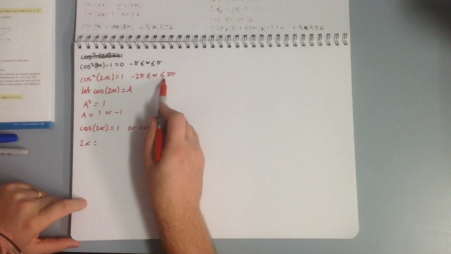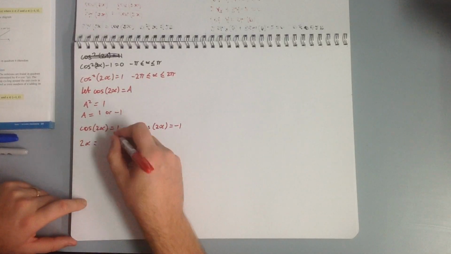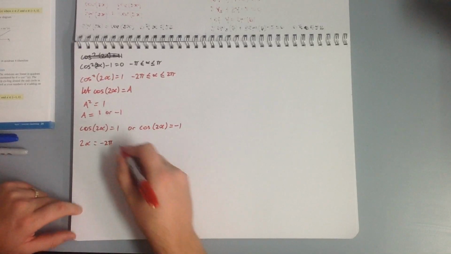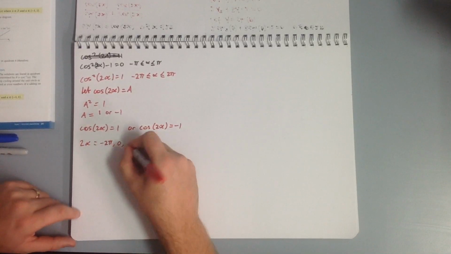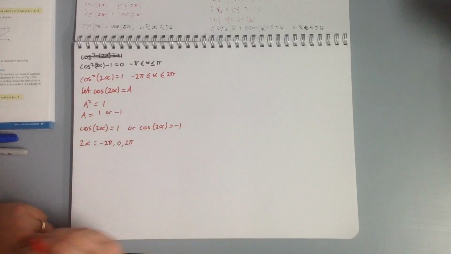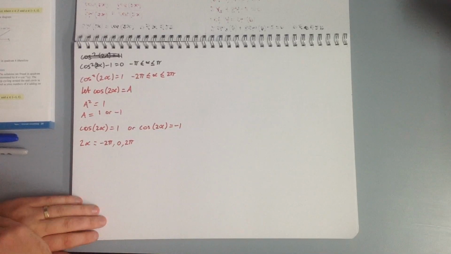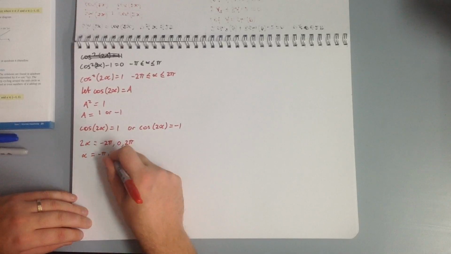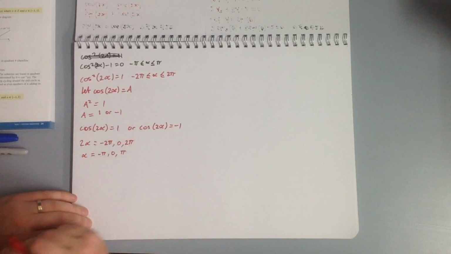Because we're including both our end points, then we need to be saying that it happens at negative 2 pi, it happens again at 0, it happens at 2 pi. So we're actually getting an extra solution here. So that means that alpha equals negative pi, 0 or pi.